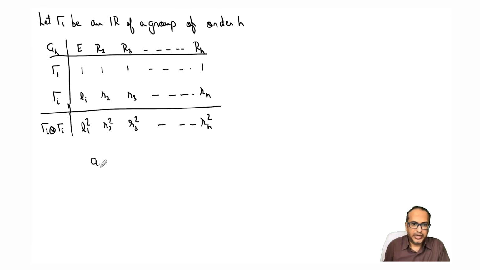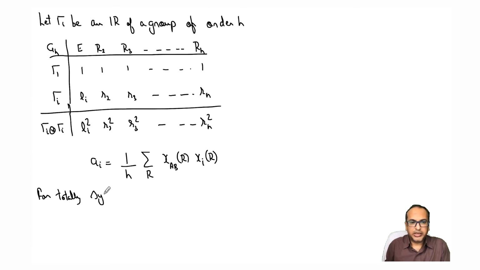Now, if I want to find out the component IRs of this, I can say that ai is equal to 1 over h summation over all R. This is directly from the reduction formula. So this is the character under the direct product, and this is the character for the corresponding irreducible representation. For the totally symmetric representation, the component will be A1 and this will be tau 1 here.